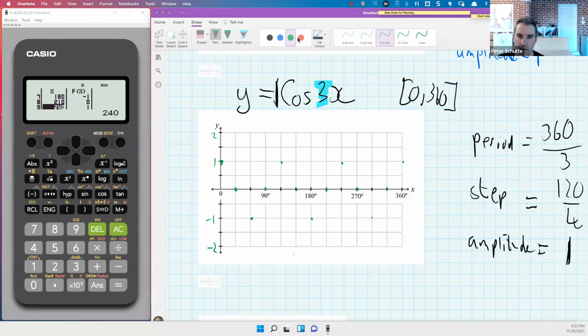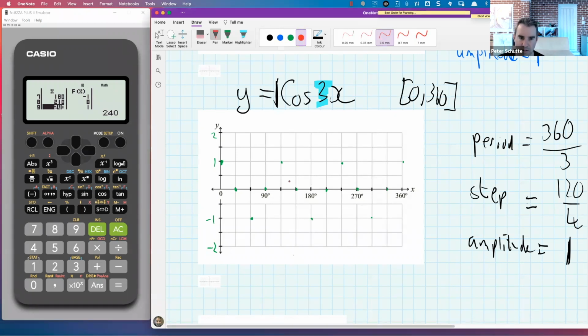So when I start drawing this graph now, I'm going to use the step size as I draw it. So the step size was 30. So I draw it 1 step, 2 step, 3 step, 4 step. And now I've finished a whole cycle.